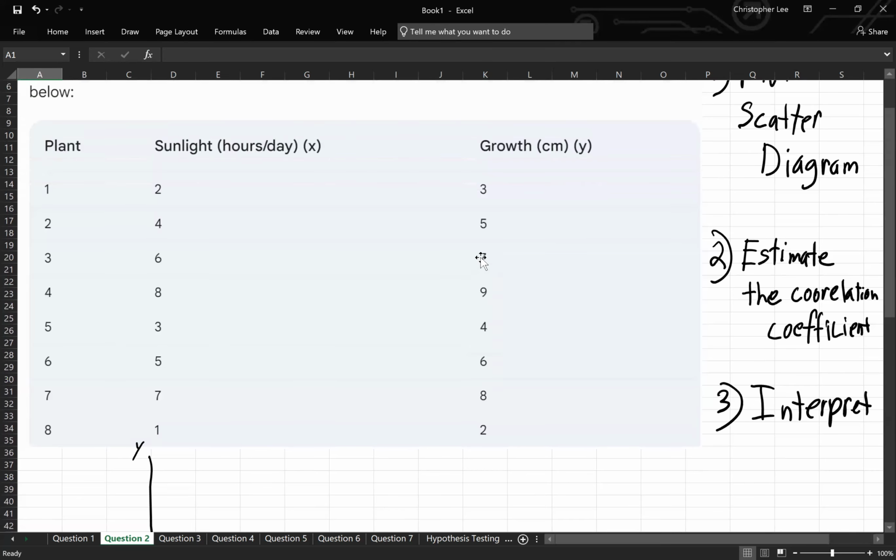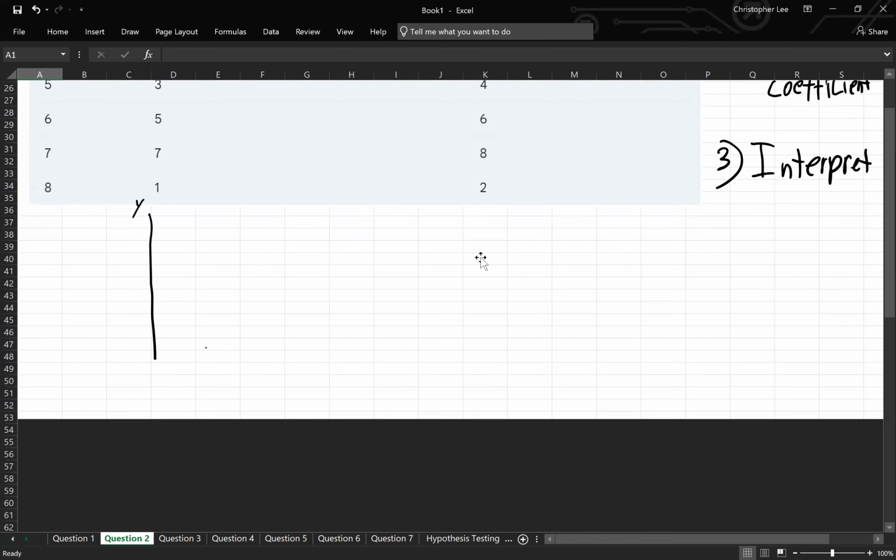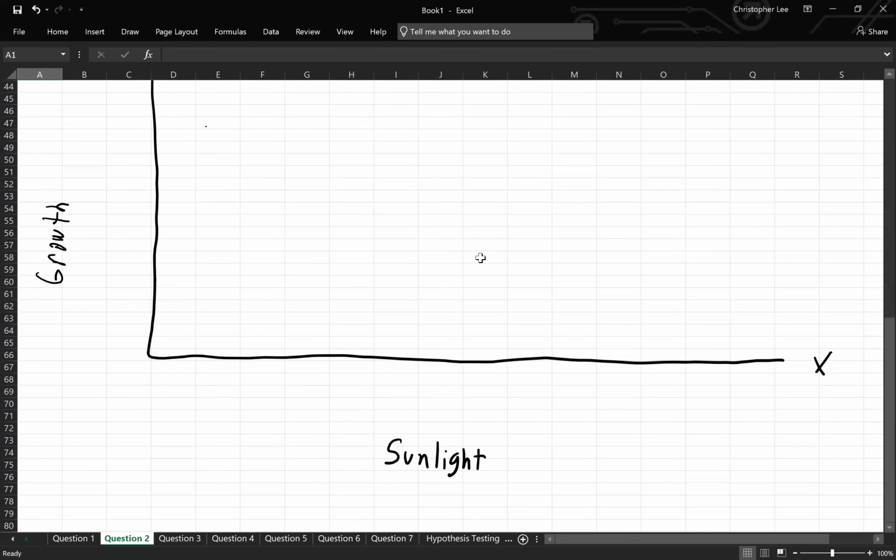Let's look at my X's real quick. So for sunlight, I have between 1 and 8. That's not so bad. So I feel like I could do that, right? Starting off 0 right here. I feel like I go by 1. So 1, 2, 3, 4, 5, 6, 7, 8.